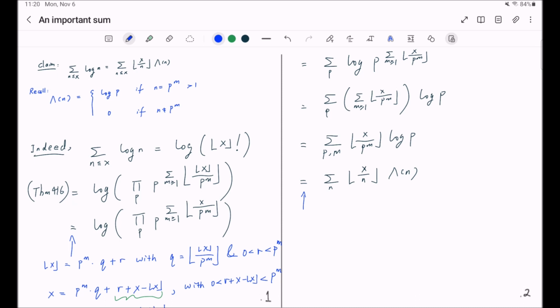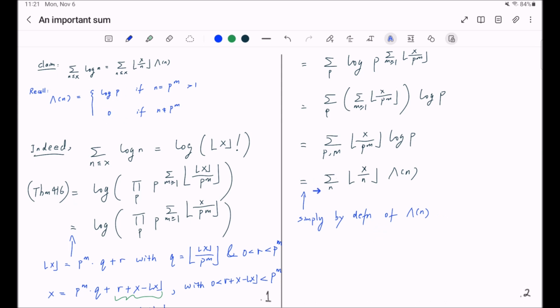This is true simply because of the definition of lambda of n. There's nothing other than just the definition. Look, lambda of n is equal to log of p if n is equal to p to the m, and otherwise, it is 0.